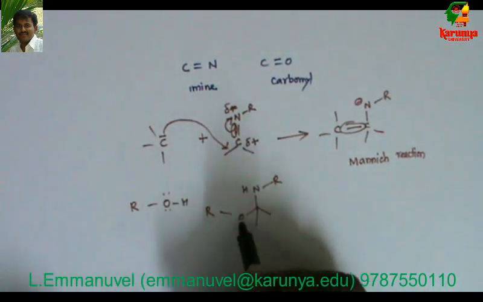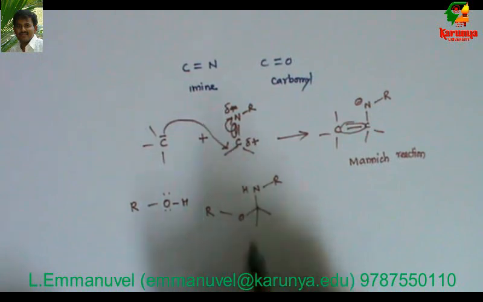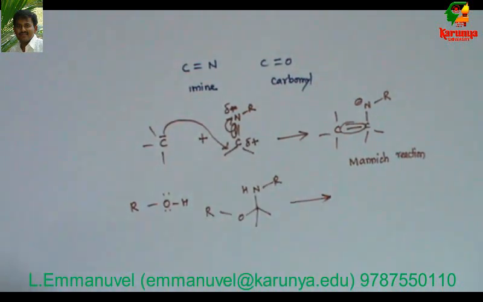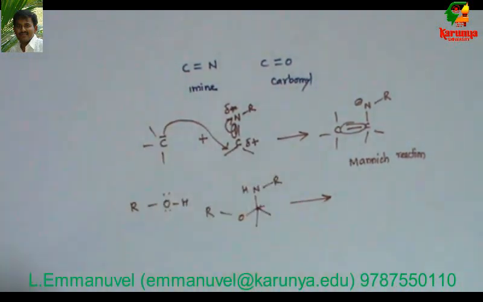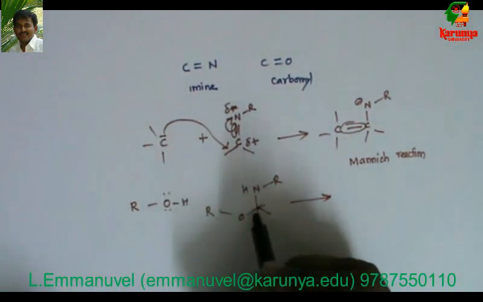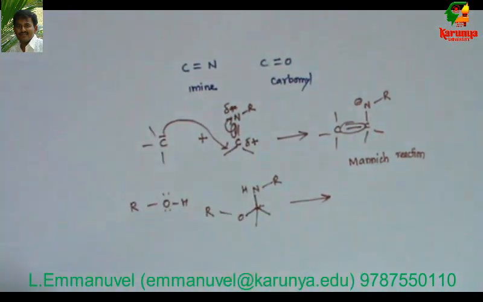So the minus will take this H plus, and what we get is this one. If two heteroatoms are present on the same carbon via a single bond, and one of the heteroatoms contains hydrogen, then it will eliminate. That is not stable. That will eliminate to give the product.